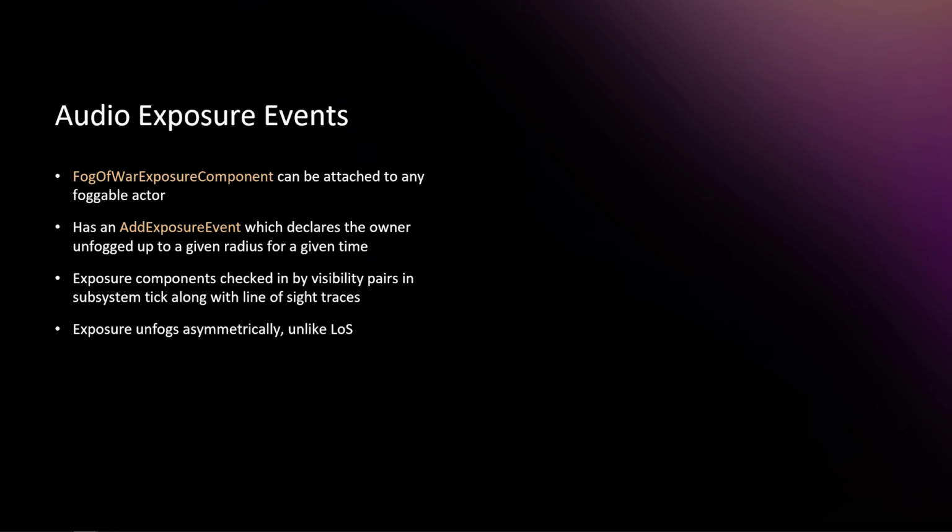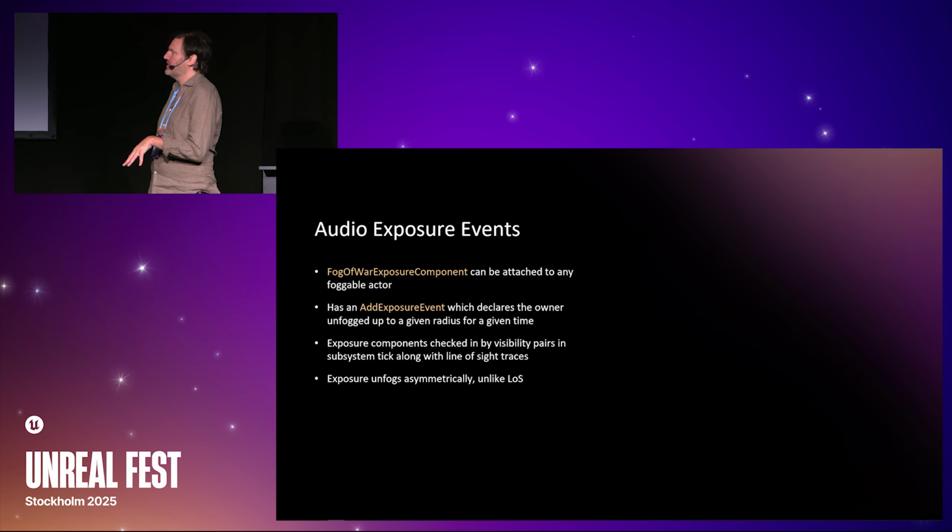We implement audio exposure events with a component that can be attached to any actor, and it has a function for adding an event which declares that owner unfogged for the appropriate time. Exposure events unfog just one member of the pair, unlike line of sight, which unfogs both.